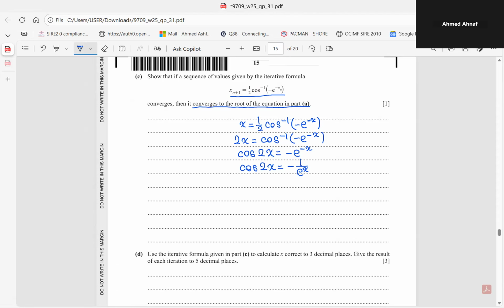And now we have to make e to the power of x the subject of the equation. By doing that, you would get e to the power of x equals minus 1 over cosine 2x. So 1 over cosine 2x is just secant 2x, and you would get secant 2x equals minus e to the power of x.